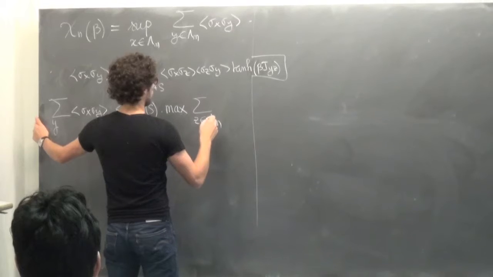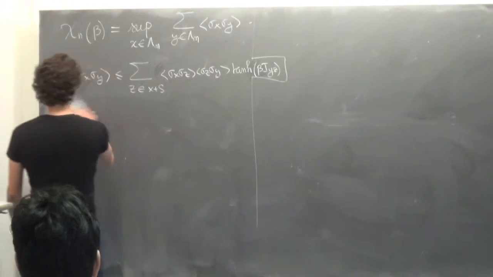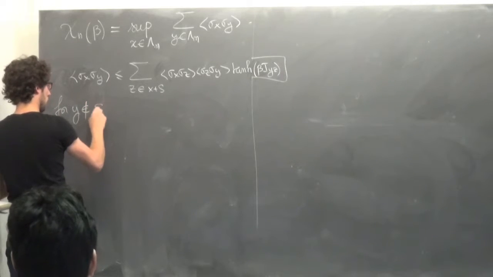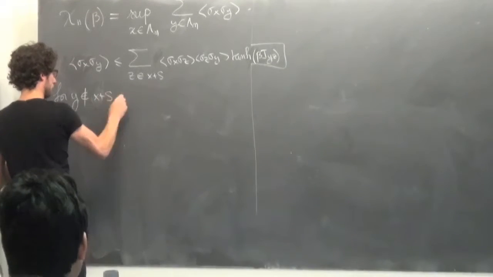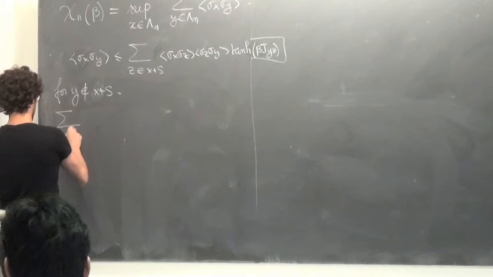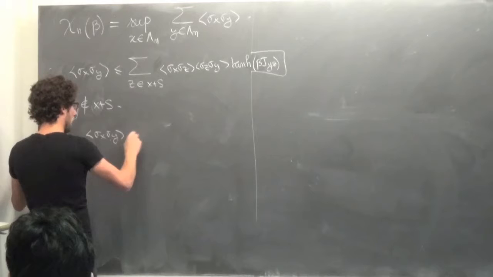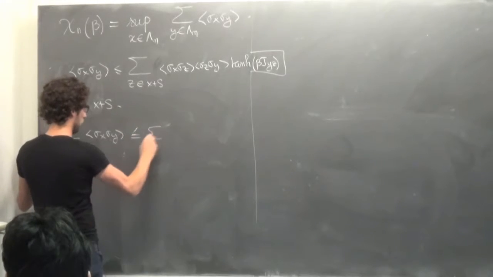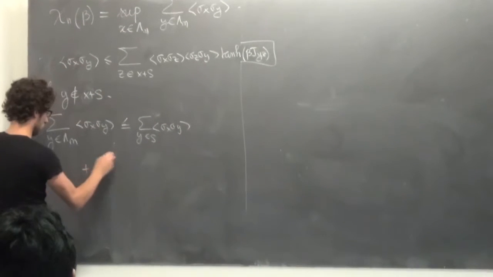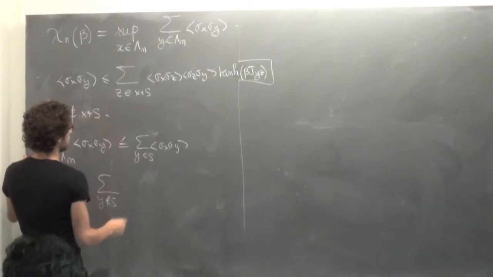Sorry about that. So now when I sum over y in Lambda_n of <sigma_x sigma_y>, I get, first I have the sum for y in S, and then I have the other sum. So for y not in S, I can use these things.